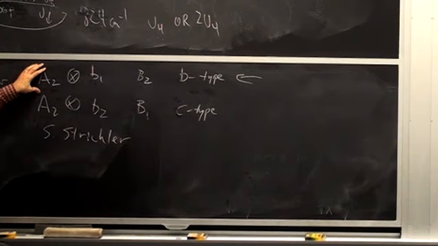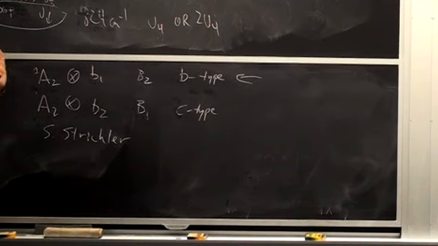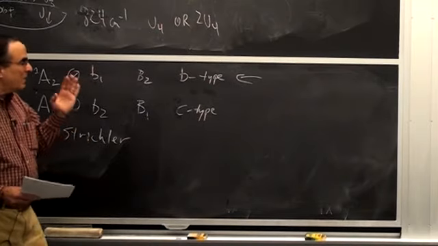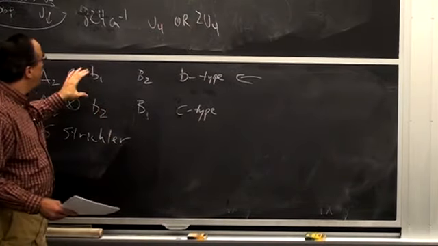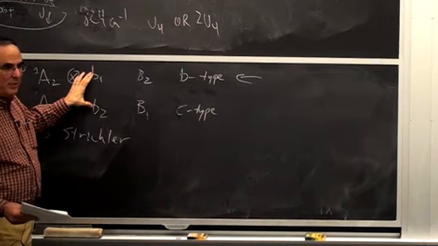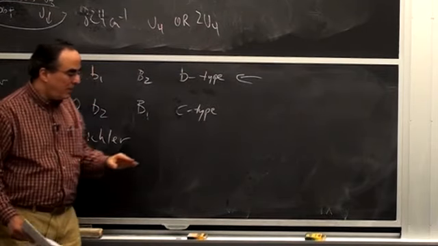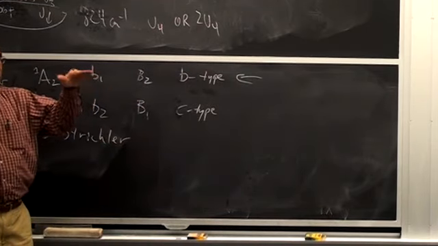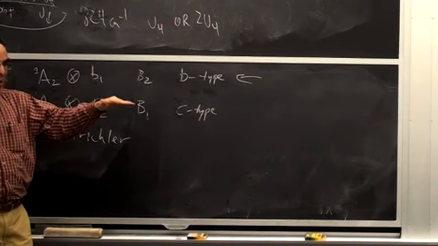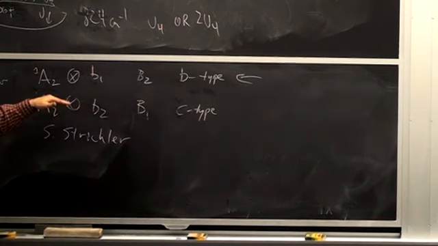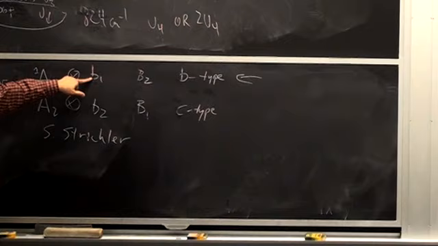And so we know that when you have a vibronically allowed transition, you have to have at least one quantum of what's called the promoting mode. And so the lowest vibrational level that we're going to see in cold band spectra will be to one quantum of the B1 vibration.